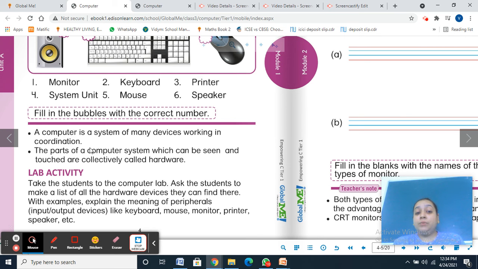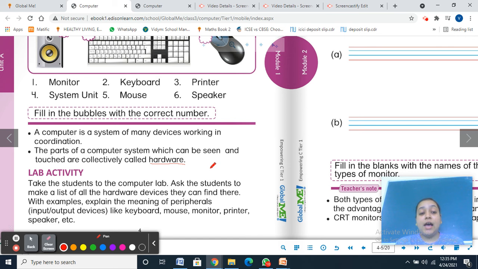The parts of a computer system which can be touched or seen are collectively called the hardware. जो आप देख सकते हो, you can touch it, you can see it, वो क्या है? Hardware. They are the hardware. So you're going to learn the definition of hardware: a part of a computer system which can be seen and touched, collectively called as hardware.